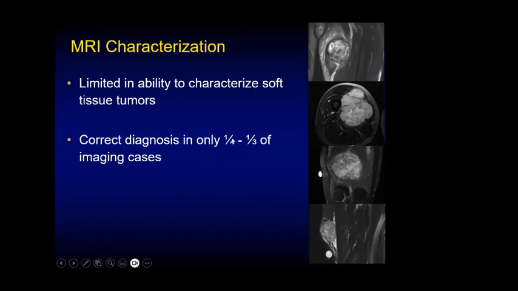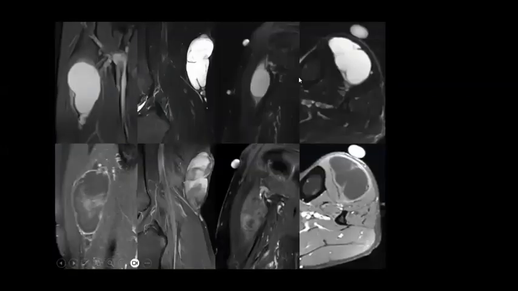Four different examples. They all look very similar on the T2 fat saturated sequence, but they behave in different ways. If you look at the final pathology for these patients, this one turned out to be a myxoma, this one was a myxoid liposarcoma, this one was a schwannoma, and this one was a ganglion cyst.